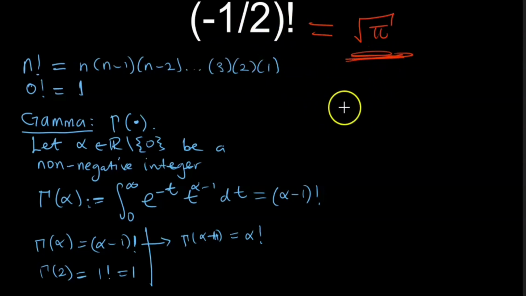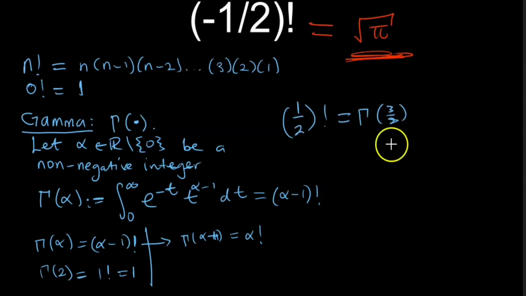Well, we can use this result to get some other interesting numbers. For example, 1/2 factorial. This is not an integer, but it's a positive real number. This is going to be the same thing as gamma of, of course, add 1 to this, that will be 3/2. There is a property of the gamma function that tells us that when we have gamma of some alpha plus 1, we can rewrite this as alpha times gamma of alpha.